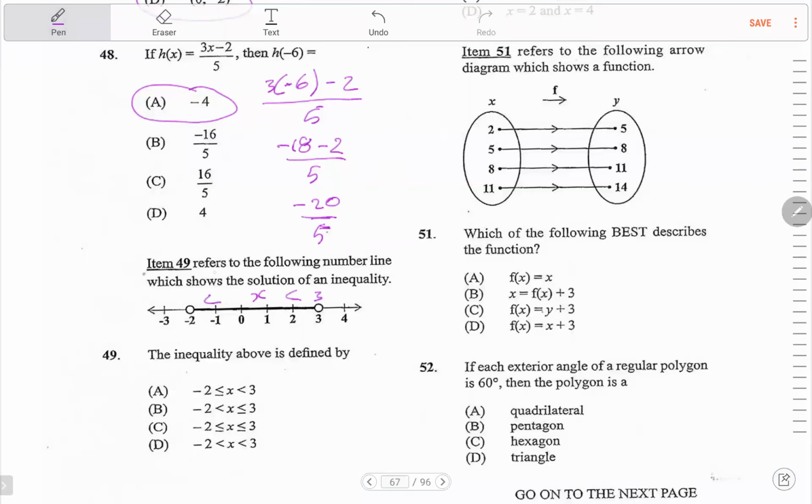This is 3 and this is -2. Less than because the circles are unshaded. All right, so that's what we're looking for. Mark this properly.